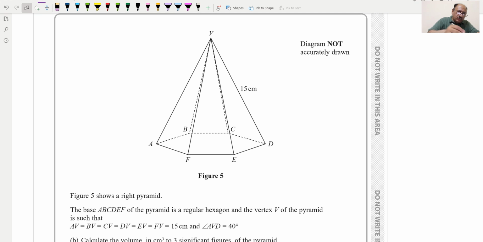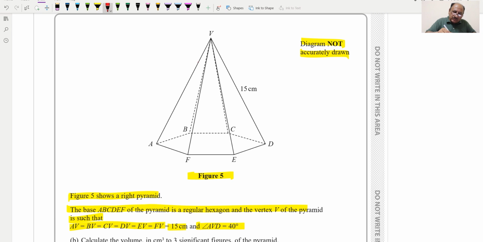Now this is the next part of the same question, B part. A diagram is provided, which they say is not accurately drawn, and figure 5 shows a right pyramid. The base of the pyramid is a regular hexagon, and the vertex V of the pyramid is such that these are all equal to 15 centimeters, and angle AVD is equal to 40 degrees.